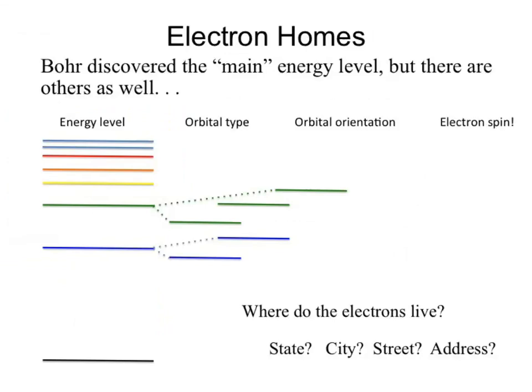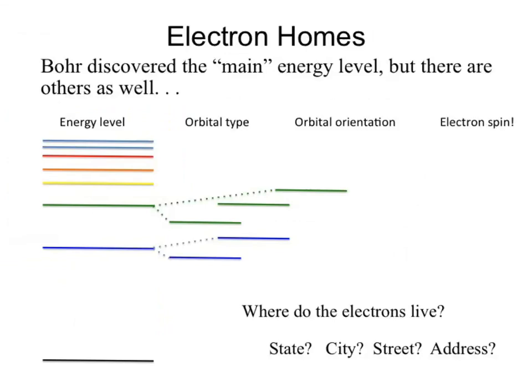What we're then able to further refine is that there ended up being subdivisions within those energy levels, and we ended up with types of orbitals. So at our first breakdown, as we move up an energy level, we get an extra orbital type. Turned out, though we haven't quite covered that yet, that there's also something known as the orbital orientation.